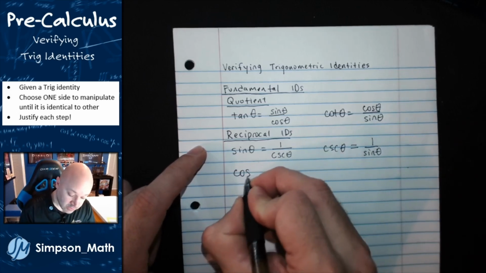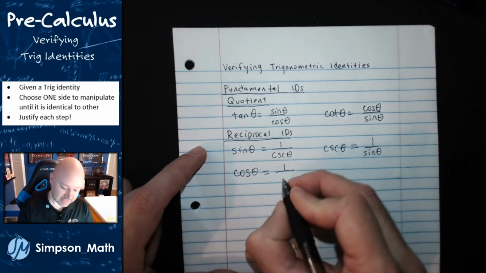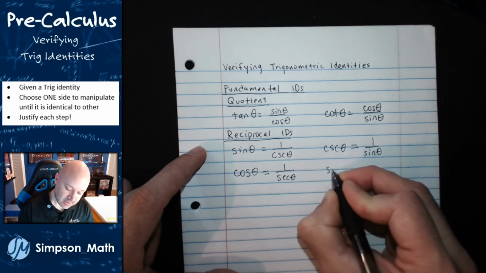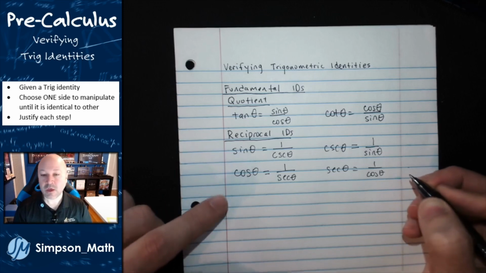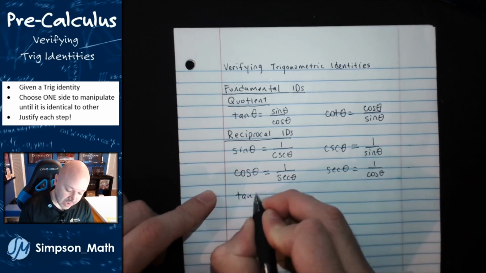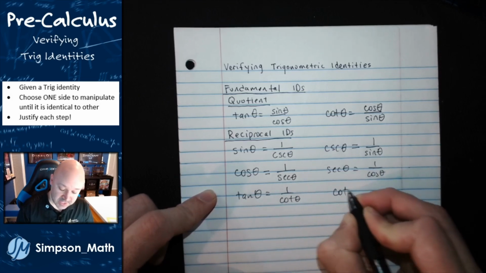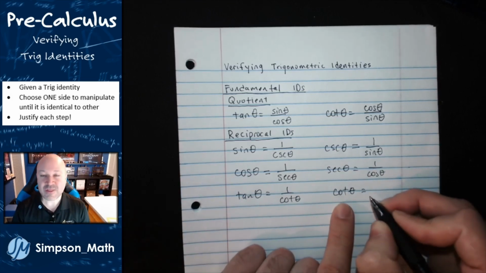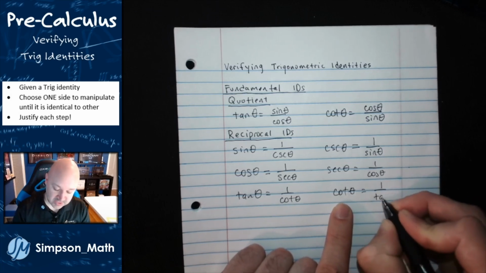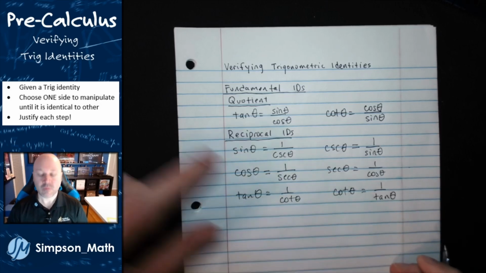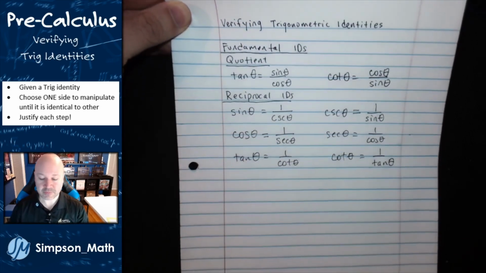Similarly, cosine is the reciprocal of secant, and secant is the reciprocal of cosine. Then we have tangent and its reciprocal. If you ever see a cotangent, you can replace it with something it's equivalent to, the reciprocal of tangent. These came from the definition, early on in this lecture series.